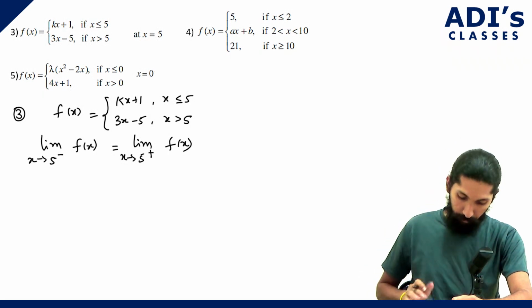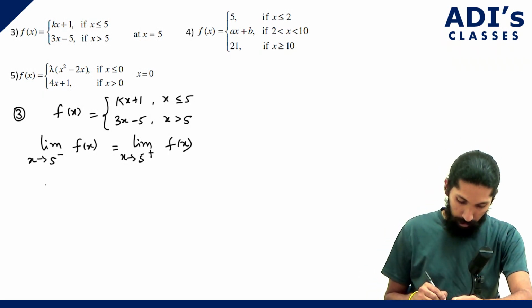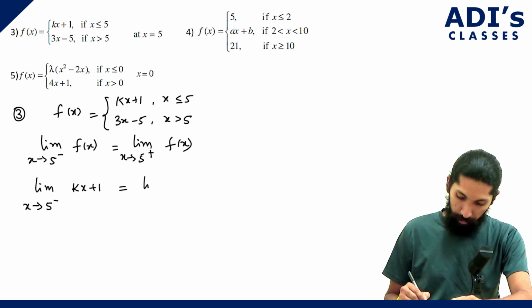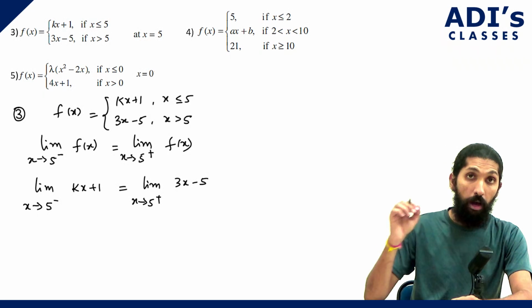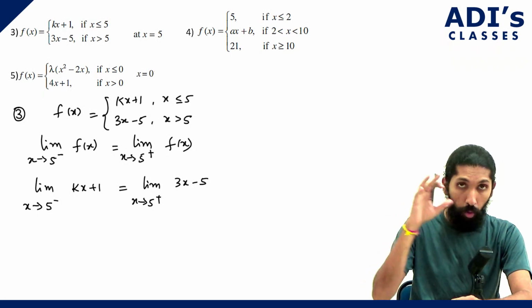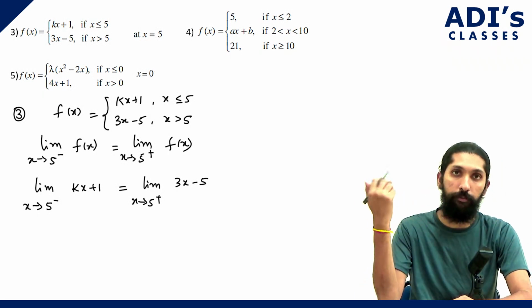Correct? So you are going to have limit as x tending to 5 minus kx plus 1, limit as x tending to 5 plus 3x minus 5. Correct? Apply the value of the limit because you know it is continuous at x is equal to 5.